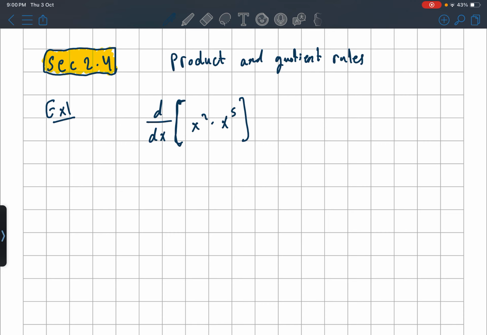The example needs the derivative of x squared times x power of 5. So basically try to simplify it. I mean, you have to add 2 to 5, so it will be x power of 7, and find the derivative of it, 7x power of 6.